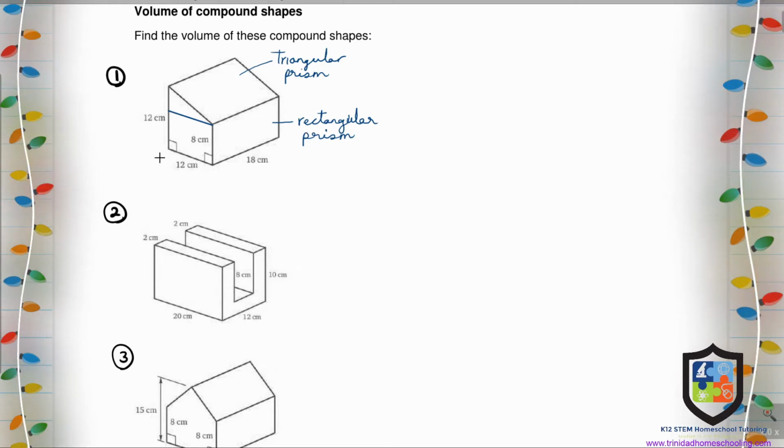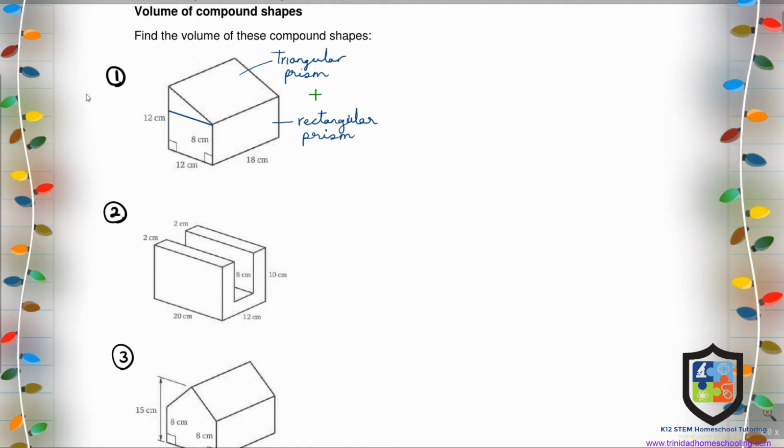Okay. So how do you think we could find the volume of these two shapes? Well, we find the volume of each and we add them. Alright, so that's a game plan. We're going to find the volume of the triangular prism and then the volume of the rectangular prism.